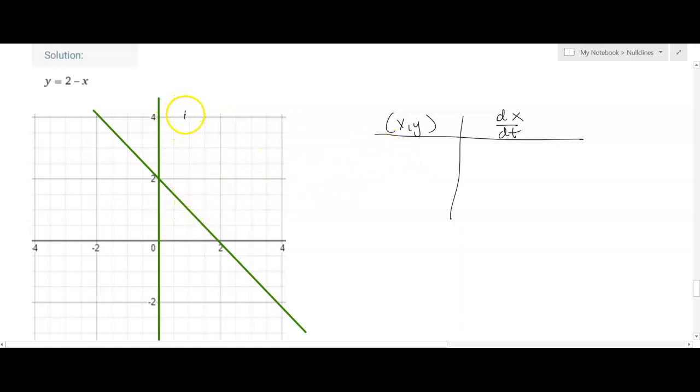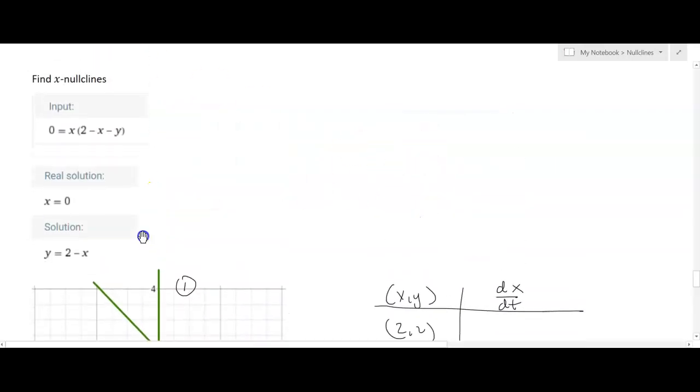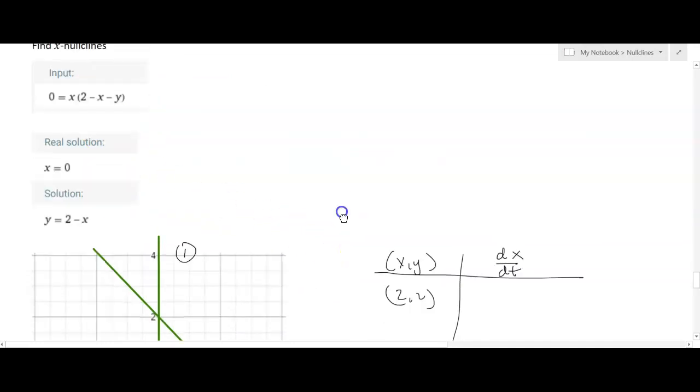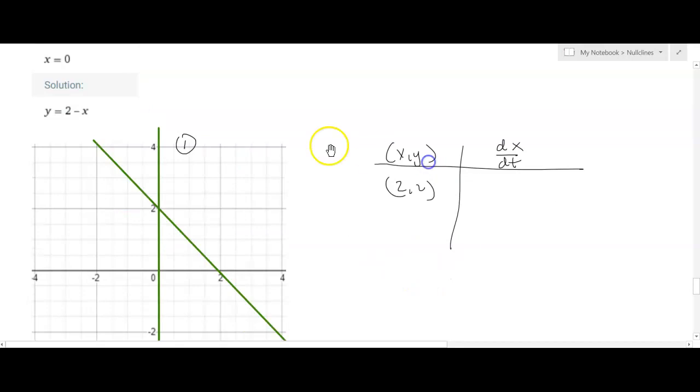So if I pick, let's say in region 1, the point 2, 2, and I plug that into the dx dt equation, which is x times 2 minus x minus y, here I'll get 0 minus 2 times 2, which is a negative value, a -2. So my vectors are going to point left in region 1.